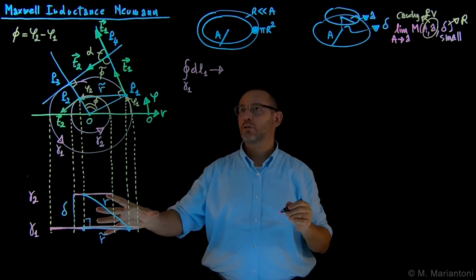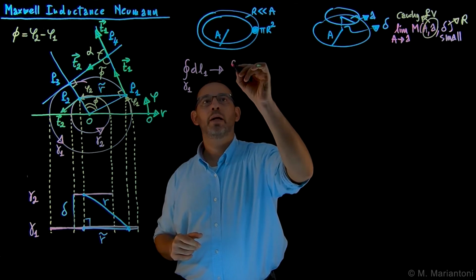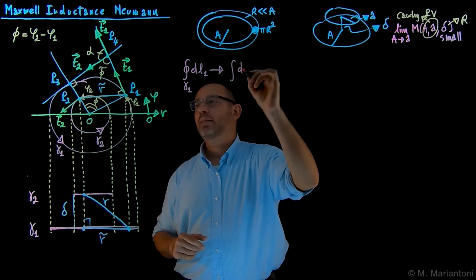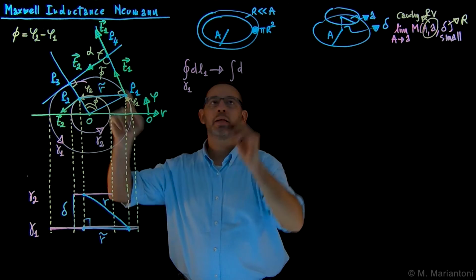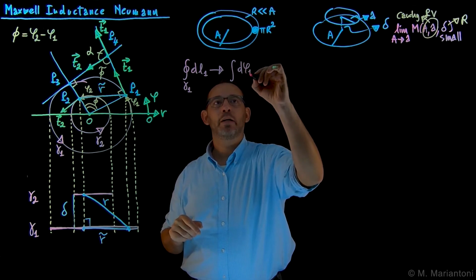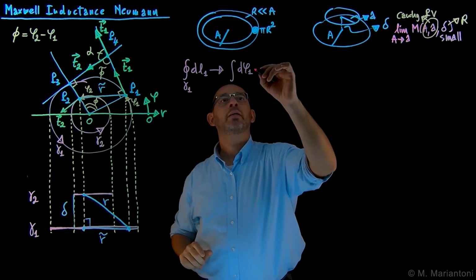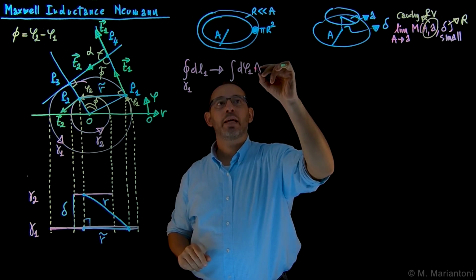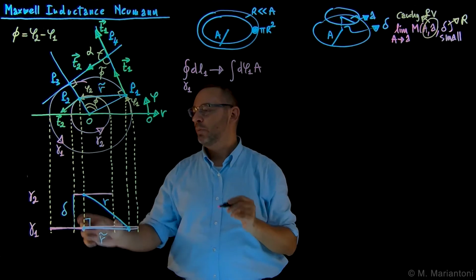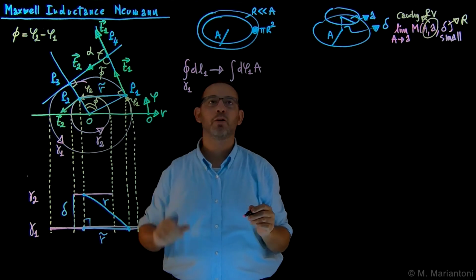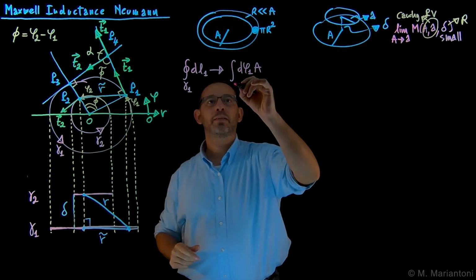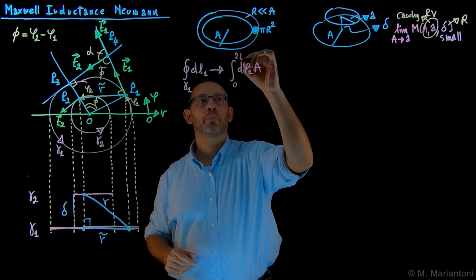in this case, dl1 gets mapped, if you look at this construction here, to what? What is dl1? Well, dl1 is a line element on gamma 1, so it has to be d var phi 1, which is an infinitesimal angle along this arc here, times the radius capital A, which is the radius of the big loop. This has to be integrated between 0 and 2 pi.